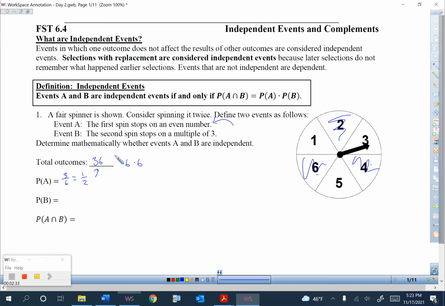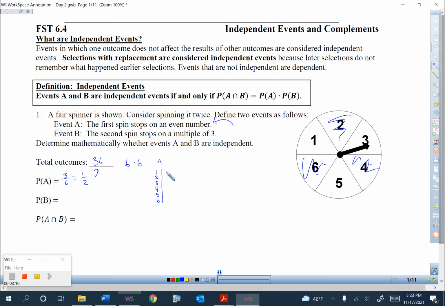What we're going to think about is our sample space in terms of a stem and leaf plot. Here's how it works. Go ahead and write event A and draw yourself this bar. The stems go over here. That's going to be our first spin. So on the first spin, we could get a 1, a 2, a 3, a 4, a 5, or a 6. And then the leaves on this stem and leaf plot represent the second spin.